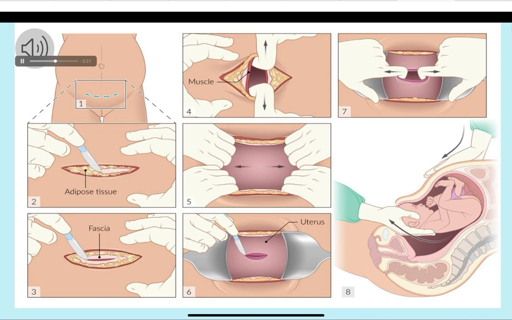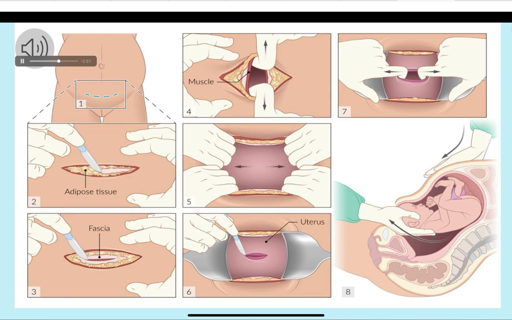Now, remember that the woman does have medication. She does have some sort of epidural or spinal block, depending on if this was an emergency C-section or if it was a planned C-section. Sometimes that can determine what type of pain management or numbing agent you get. So, back to section 4.